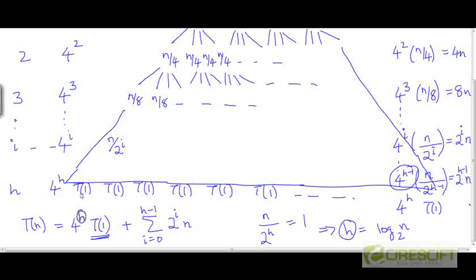But instead of 1 we have t of 1. So had it been exactly equal to 1, we would have accommodated this term conveniently within this geometric series. But even if t of 1 is not exactly equal to 1, we can still think of it as approximately part of this series itself.